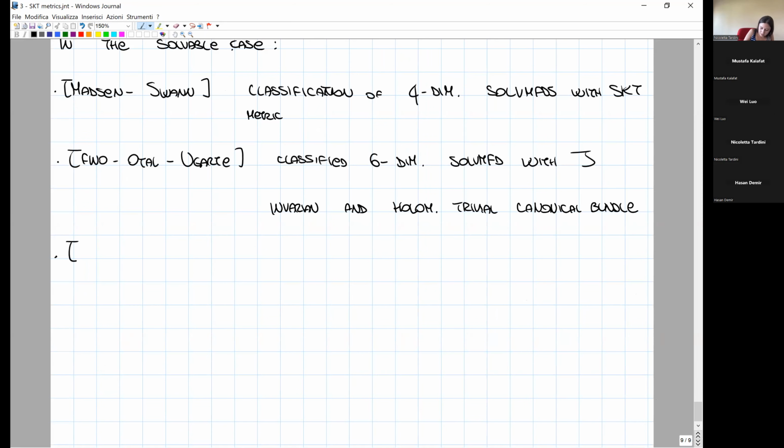And there is also a classification due to Fino and Paradiso, 2021, for almost abelian Lie groups. They treat the case of almost abelian Lie groups, which means that the Lie algebra has a codimension 1 abelian ideal.